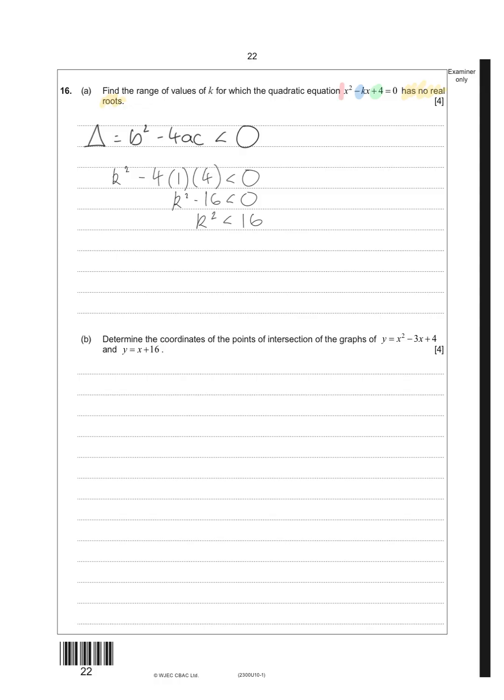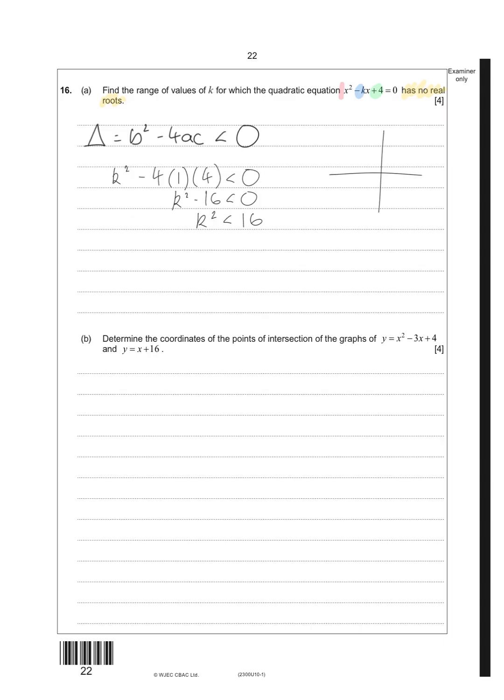Okay, so if you think of a graph of k squared, or x squared, if you imagine drawing a horizontal line here at 16, well, you should know that you're going to get 4 and minus 4 as your critical values, and it's underneath that, in between 4 and minus 4, so we're going to get k is less than 4 but greater than minus 4.